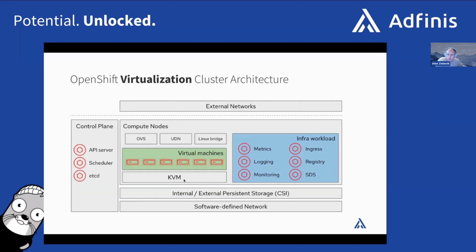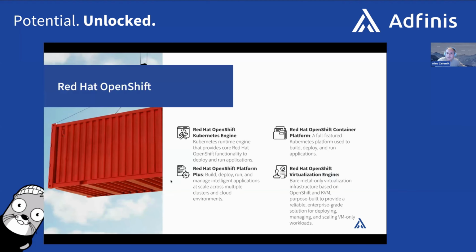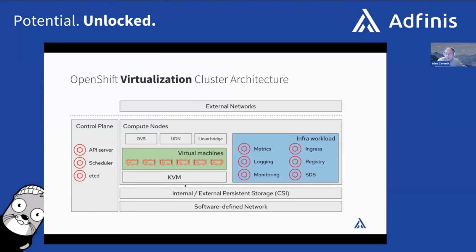For its storage and for its state, it depends on the persistent storage interface. So that interface can be implemented by many different providers. I'll get to the list later.